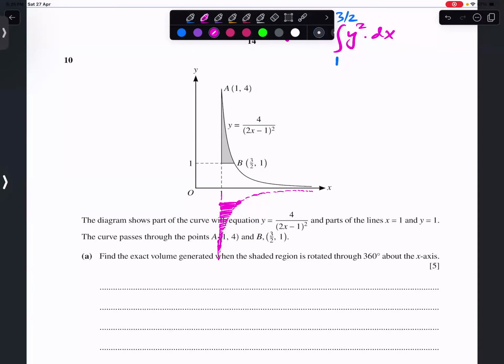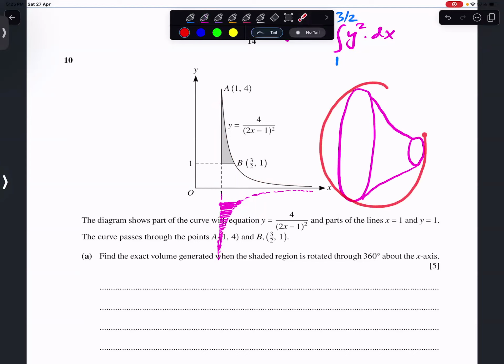If you rotate this curve about the x-axis, you will see this type of cylindrical shape.